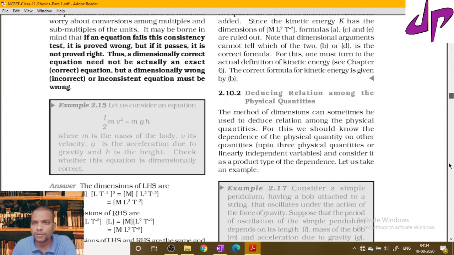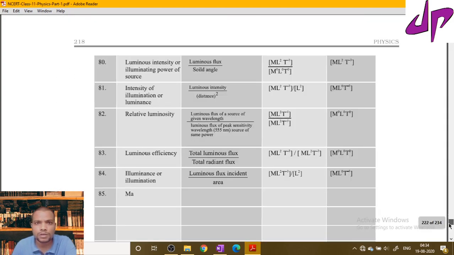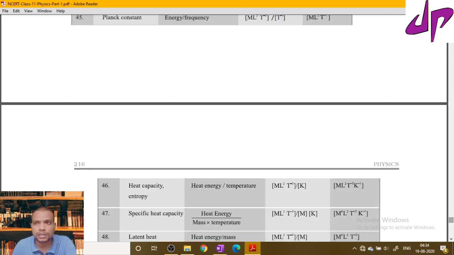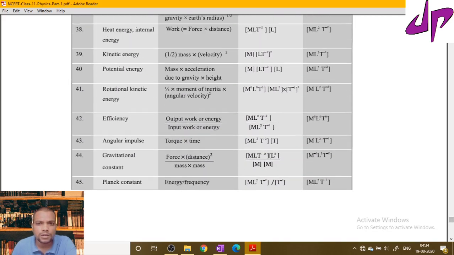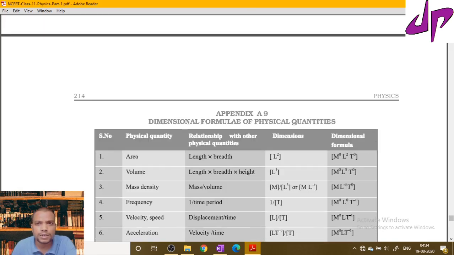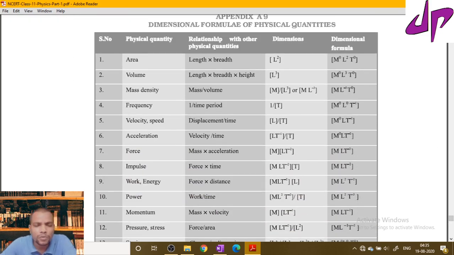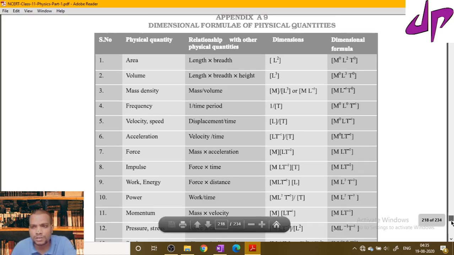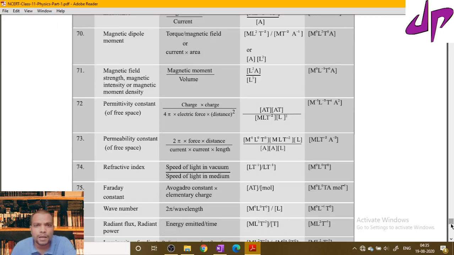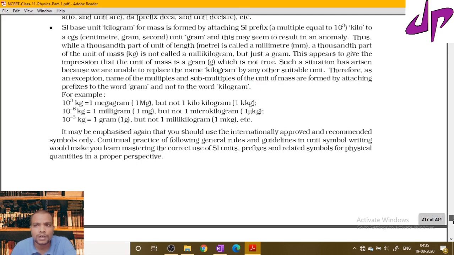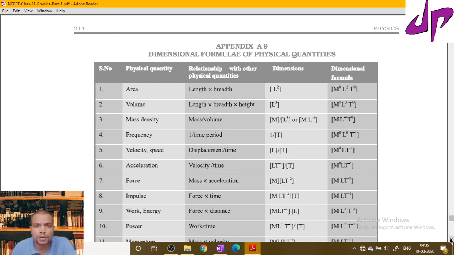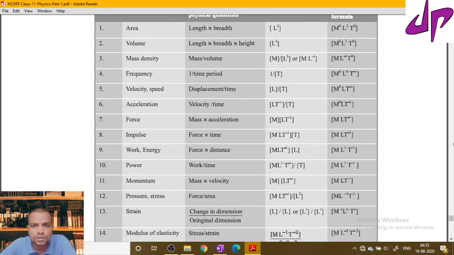In the course of time we need to learn certain dimensional formulas. If you check the last pages of the NCERT textbook, appendix A9, there are almost 70 to 80 physical quantities represented, all written in terms of dimensional formulas.